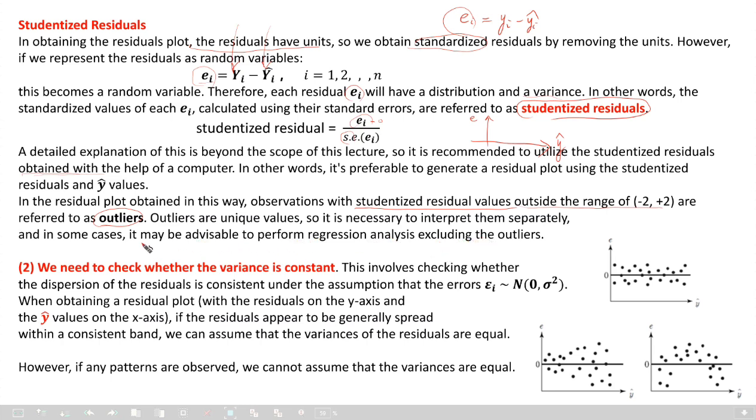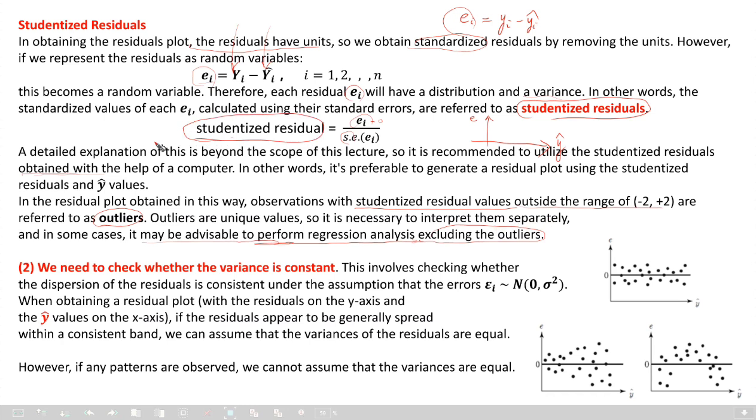Understood? Perform regression analysis again, excluding the outliers. So outliers may affect your result. That's why. And you can interpret outliers separately. Okay? So the studentized residual is important in residual analysis.